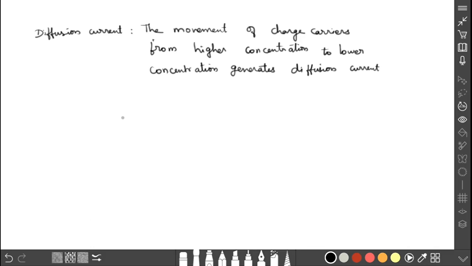Let us discuss that. Already I said this diffusion current depends on the concentration gradient. The concentration gradient is the difference in the concentration, right? If the concentration gradient is high, then diffusion current is also high.